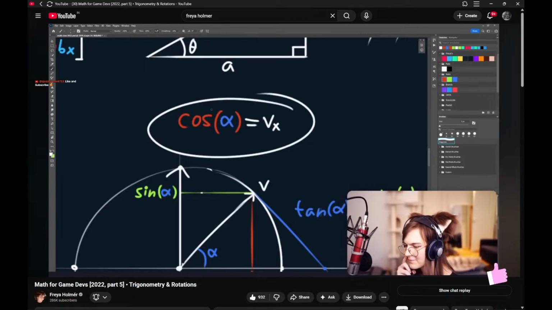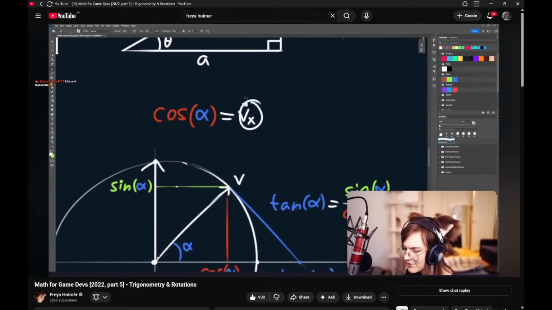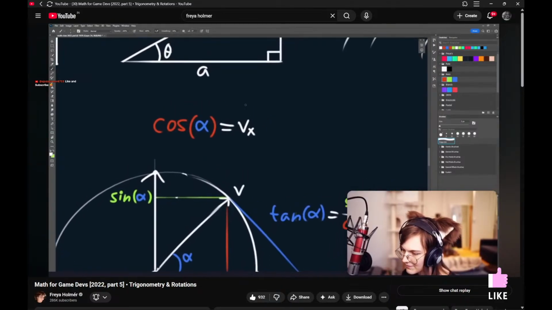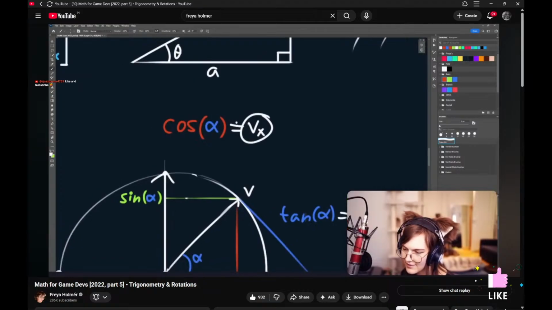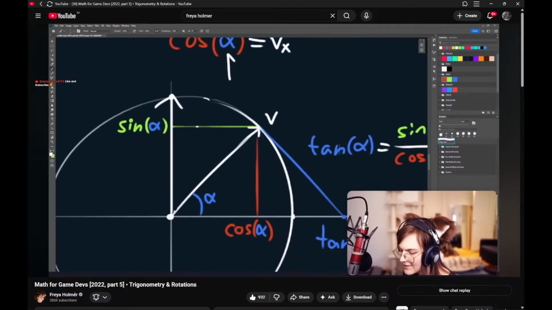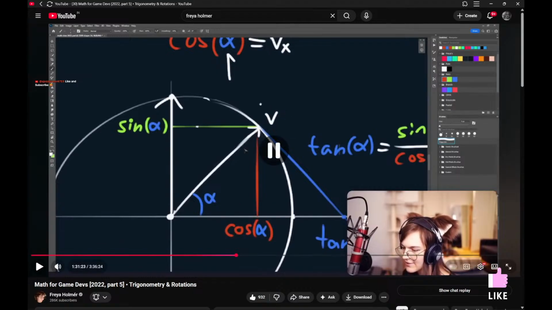So with the cosine, we get the x component of our vector, and that's great. But what if we have the x component and we want to figure out what is the angle? Like, let's say we already know the x component of the vector.